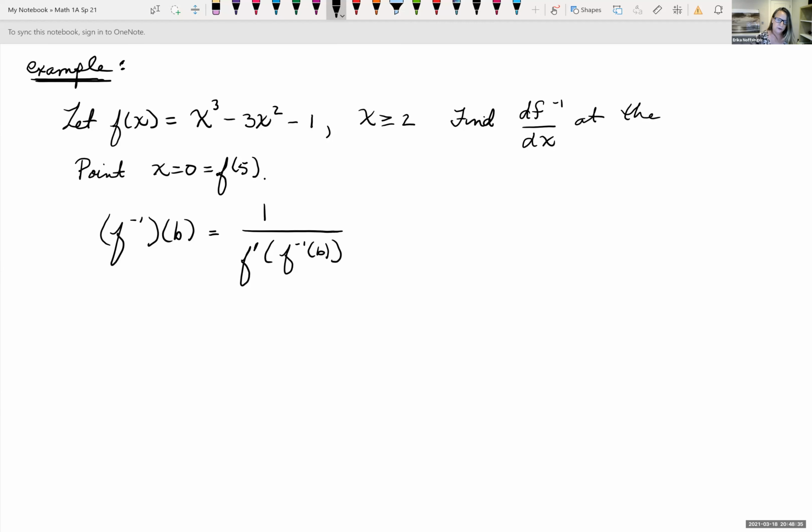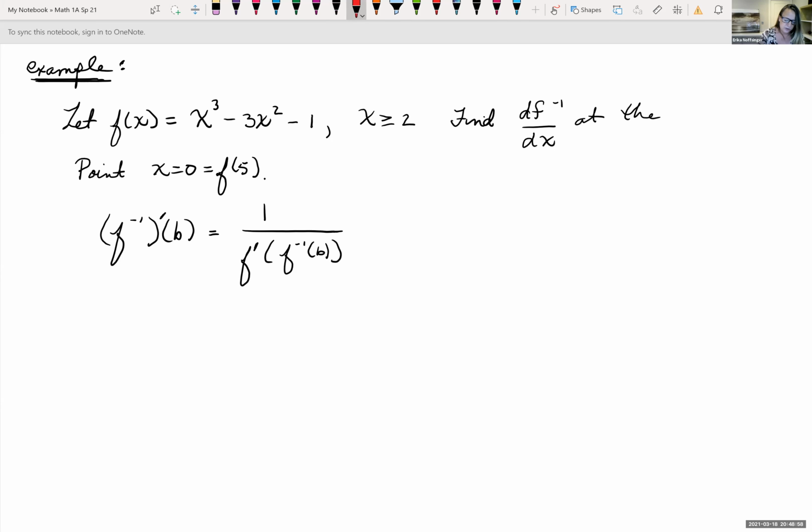And so another way, I just pulled the derivative formula for the inverse. If you want to find the derivative of the inverse function, f inverse prime, which I forgot the prime here, evaluated at b, this is equal to 1 over the derivative of our original function, not the inverse function, and then evaluating that at f inverse of b.